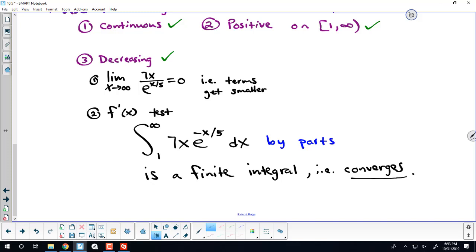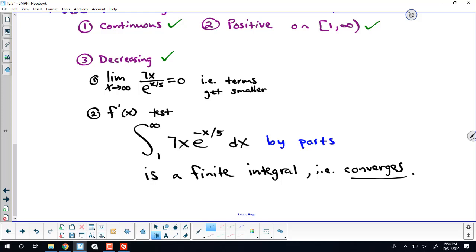And since the integral converges, what do we know about the series? It also converges. Remember, either the integral converges and so does the series, or the integral diverges and so does the series. But what we get as the answer to this integral is not what that series converges to.